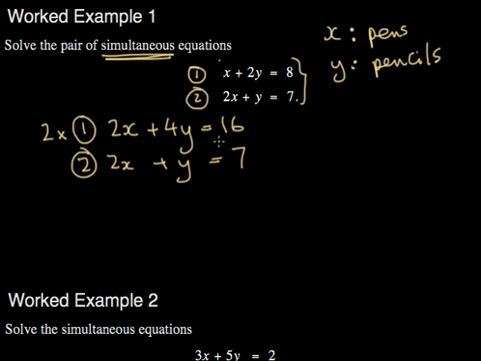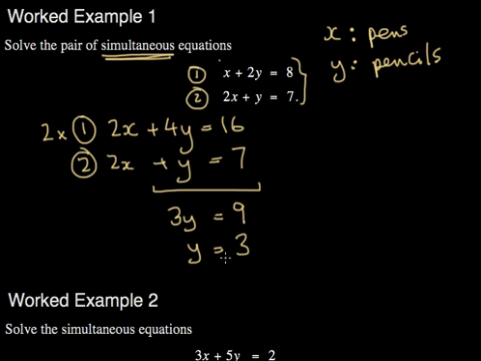The only difference between their orders is the number of pencils and the cost. So we can say from this that the difference in the order of pencils must have been the difference in the cost as well. And the difference in the cost here is 16 minus 7, which is 9. So 3 pencils must have been 9 kwai, so 1 pencil must have been 3 kwai.